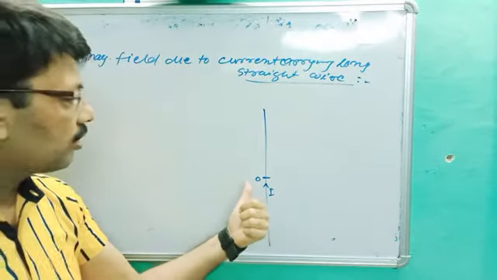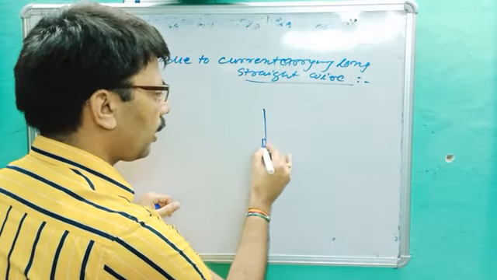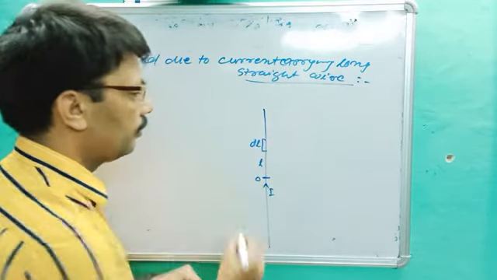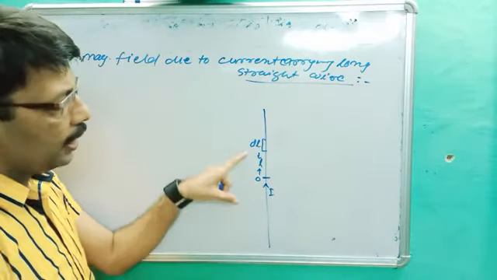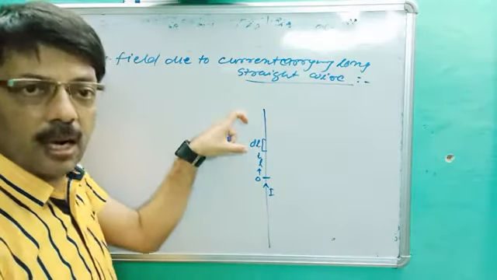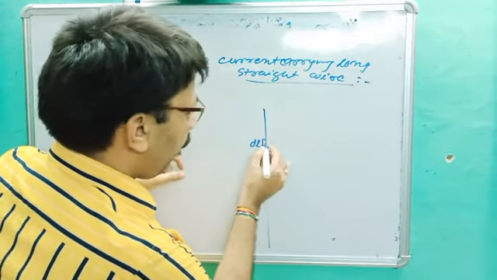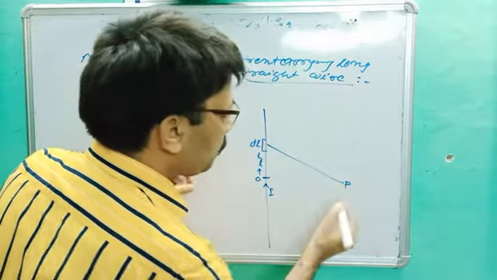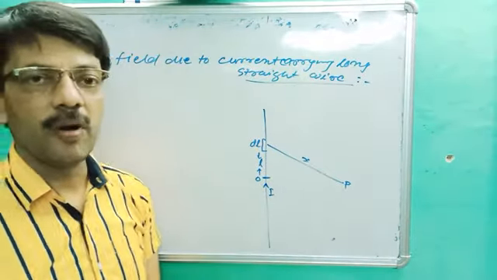Today we are talking about the midpoint. From the midpoint at distance L, a current element is dl. Very important point, from the midpoint at distance L, applying Biot-Savart, a current element is dl.